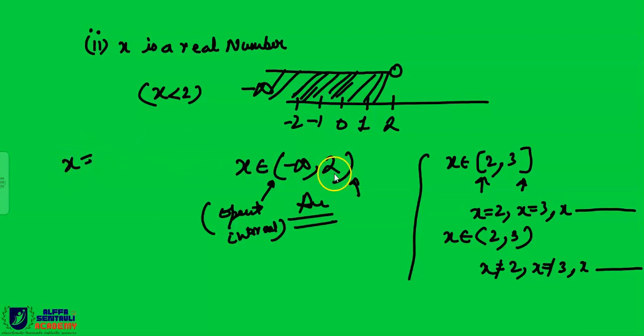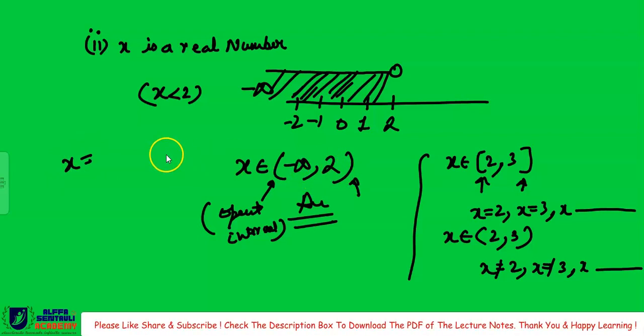Your answer can be any number lying between minus infinity and 2. So there are infinite solutions. How? You can take minus 3 as a solution, minus 3.1 is also a solution, right? 2 is not your solution, 0.2 is also your solution. There are infinite numbers in between, right? You can take all the numbers. Understood? Have you understood beta? Got it?